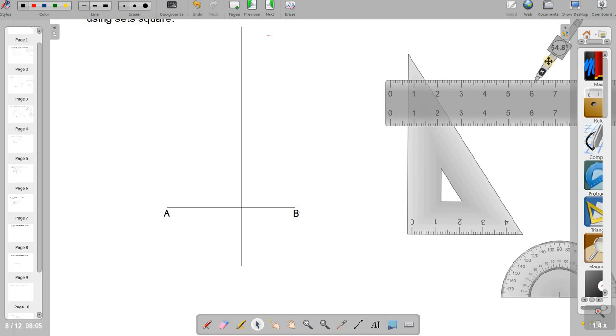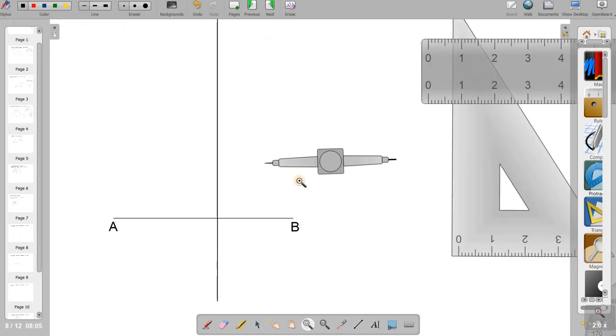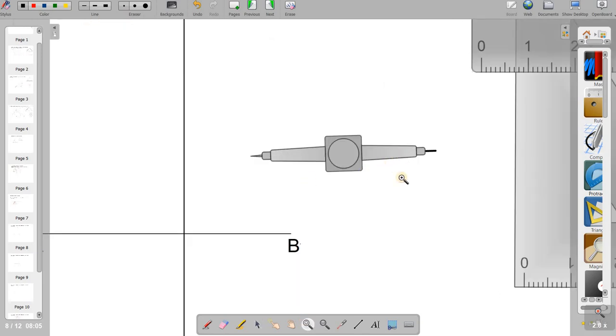So for that I use the compass, because distances are always measured with that. You can see it now, it's at a distance of 4 centimeters. When I press it, you can see, I'll zoom it and show it to you. Now the compass is set at 4 centimeters, but that line which is perpendicular to AB would be at 4.3.